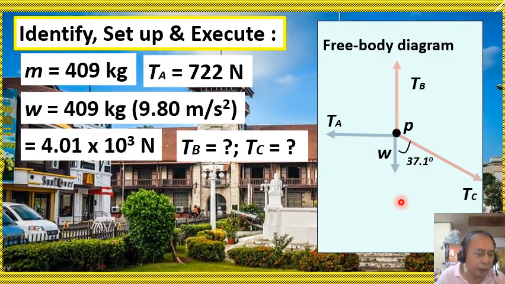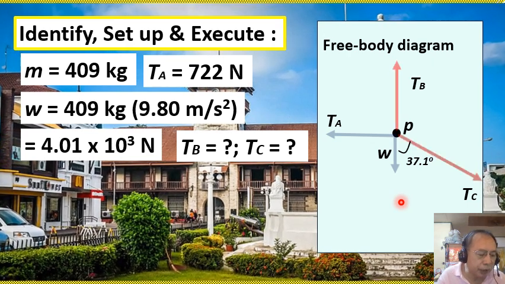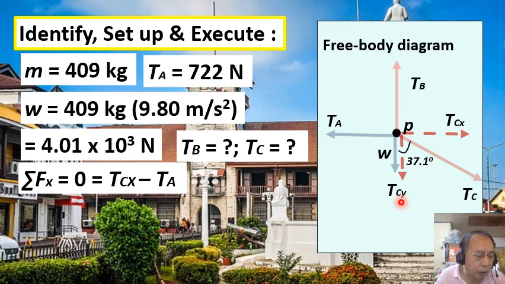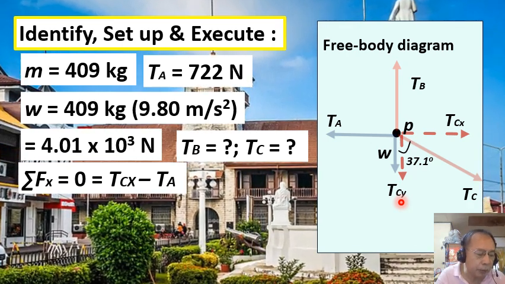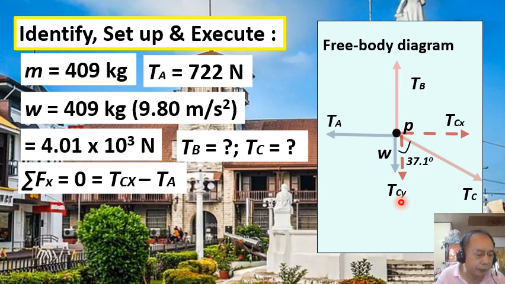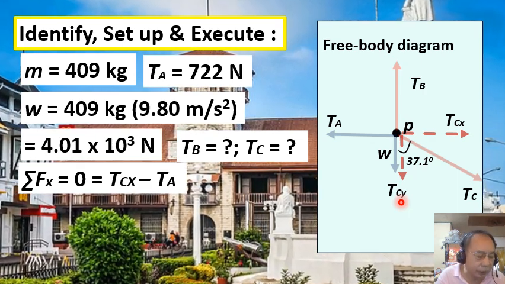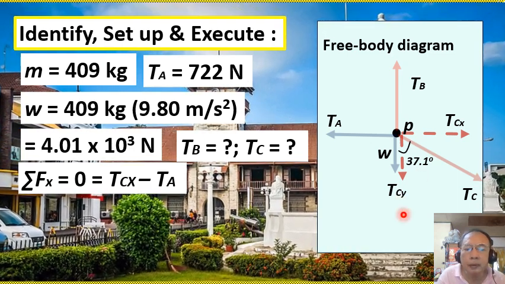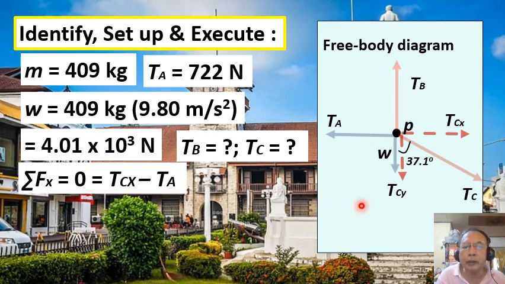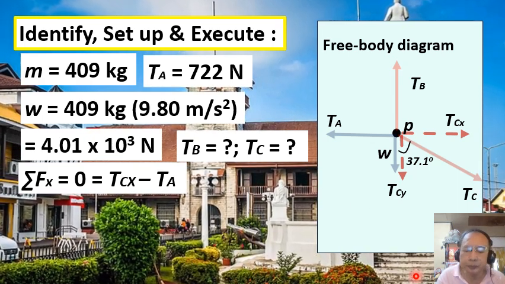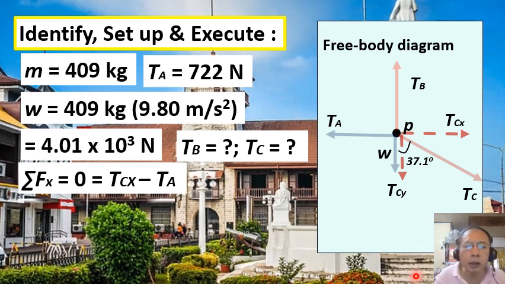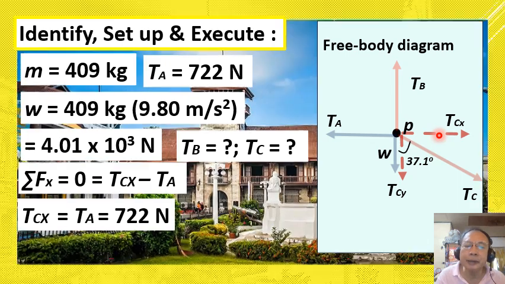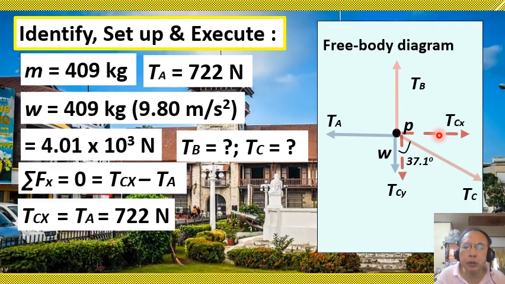Since the truck engine is in static equilibrium, we say that the summation of the horizontal forces acting on it must be equal to 0. Which means that the tension TCx, or the x component of tension TC, must be equal in magnitude but opposite in direction to tension TA, which happens to be 722 newtons.